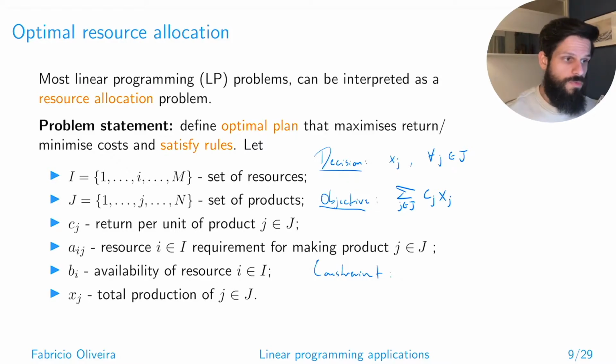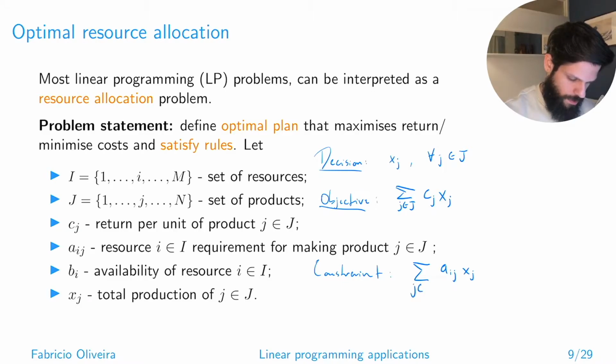So the amount of resource I use is basically given by considering the amount of product j I make, xj, and the amount of resource i I use in making product xj, and then I look across all the products I make, j in capital J, and this has to be less than or equal to the availability of resource i.